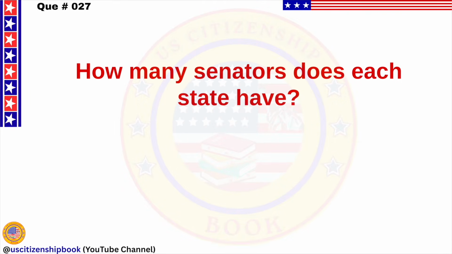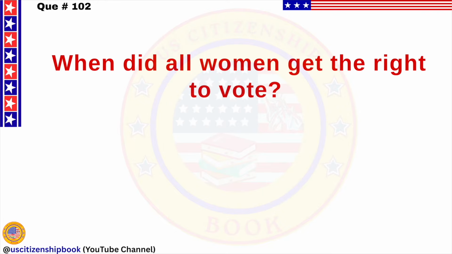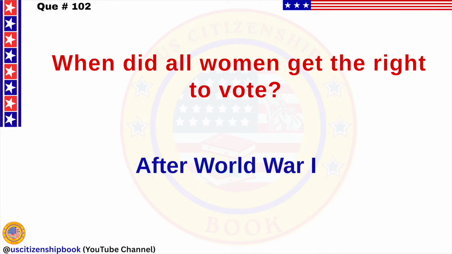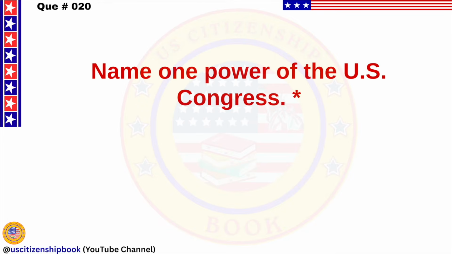How many senators does each state have? Two. When did all women get the right to vote? After World War I. Name one power of the U.S. Congress.